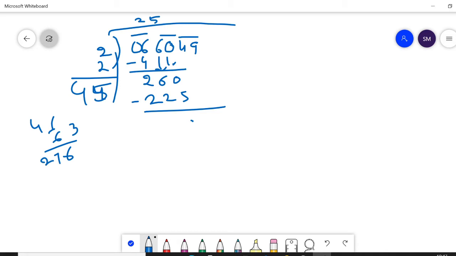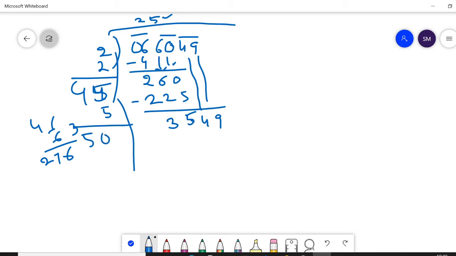So think 45 times 5 is 225. Then the remainder is 35. Then come down the pair 49. Next, this 5 is added with this, and you get 50. Then choose a number which is put here and here, the same number. 35 49, very easy: put 7 here and 7 here.